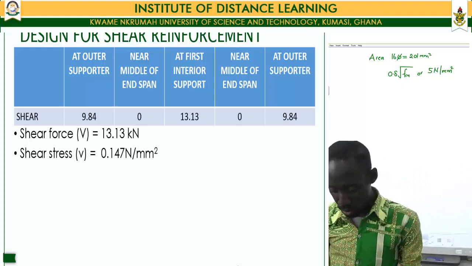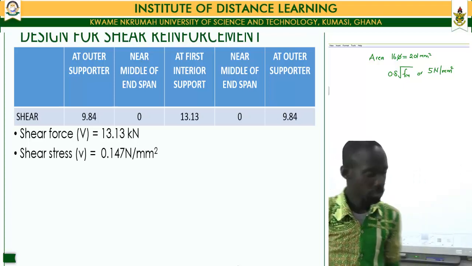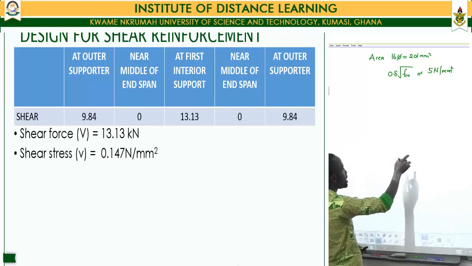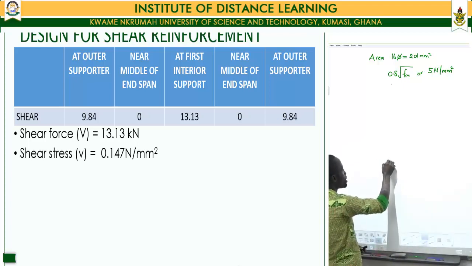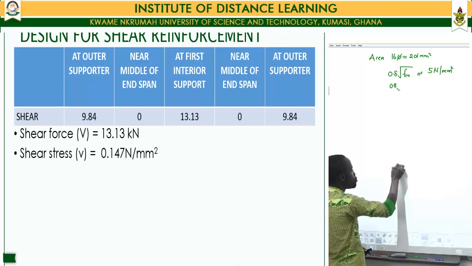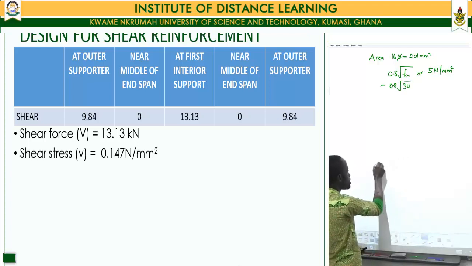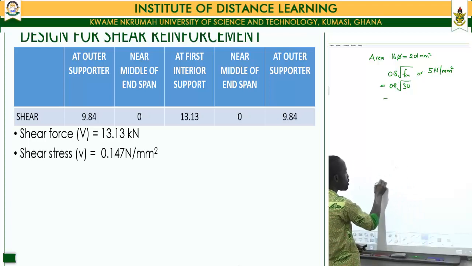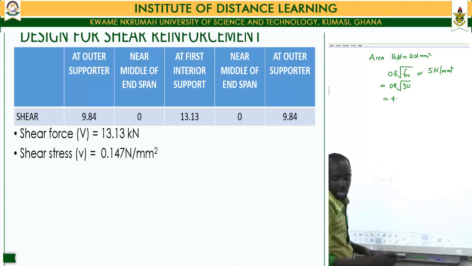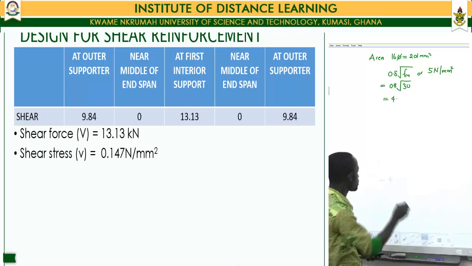Now calculating, finding the 0.8 root of our FCU gives us 0.8 root of 30, since our grade of concrete is equal to 30. This gives us a value of 4.38 newtons per millimeter squared.